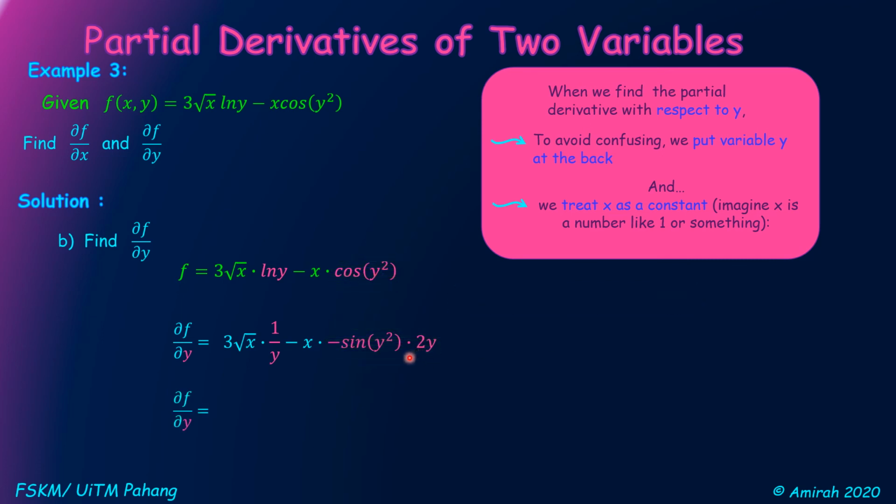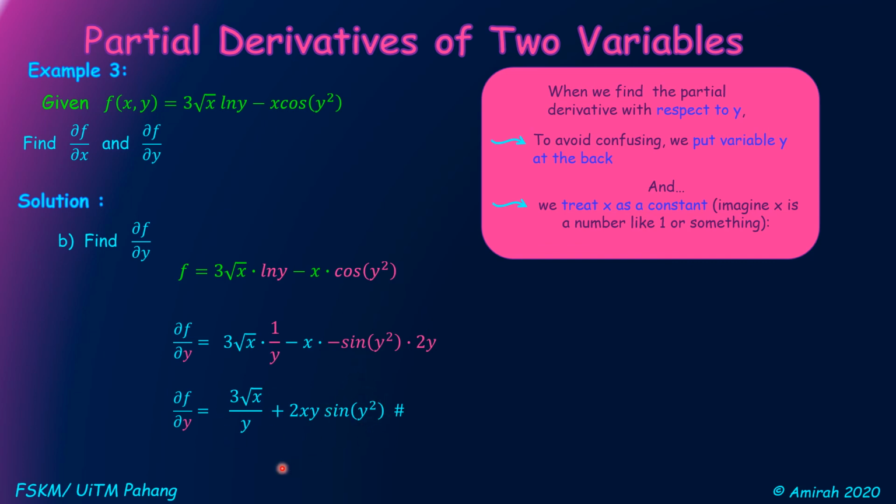Okay. And after that, we can simplify. Del f over del y equals 3 sec x over y. And then this is a multiplication operation. Negative times negative equals positive. And then 2xy sin y squared.